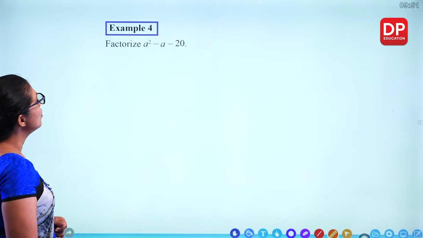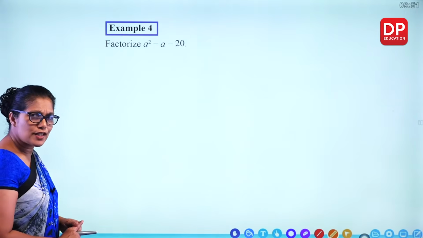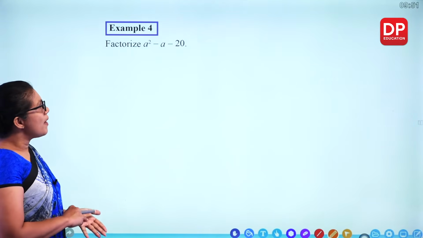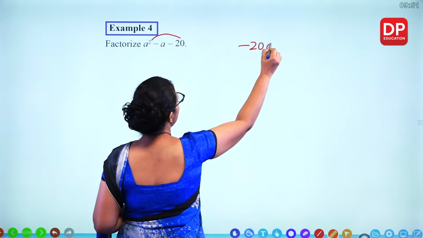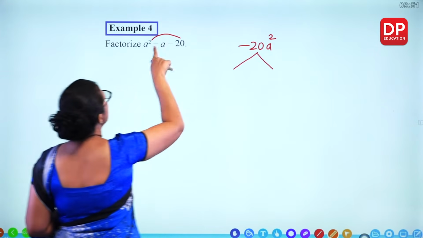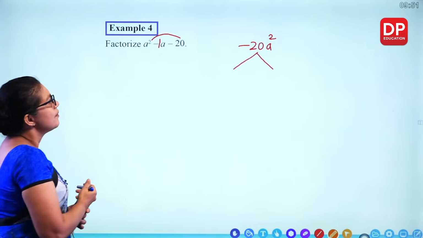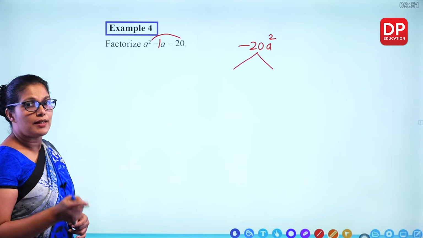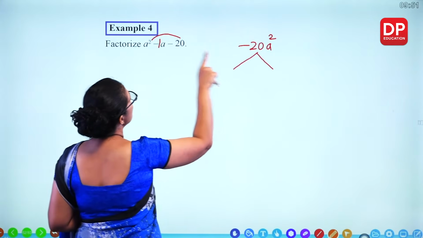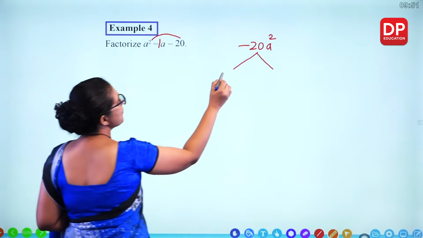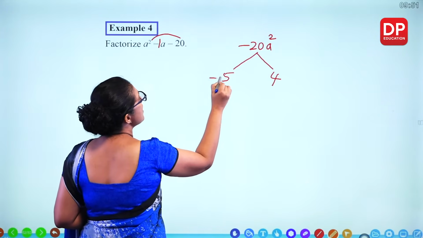Example number 4. Both negative. So what's the situation? Both negative means when you multiply, you are getting negative, and the difference is minus 1. So the bigger factor is negative here. So what are the suitable factors to get minus 1? 5 and 4, bigger one should be negative.